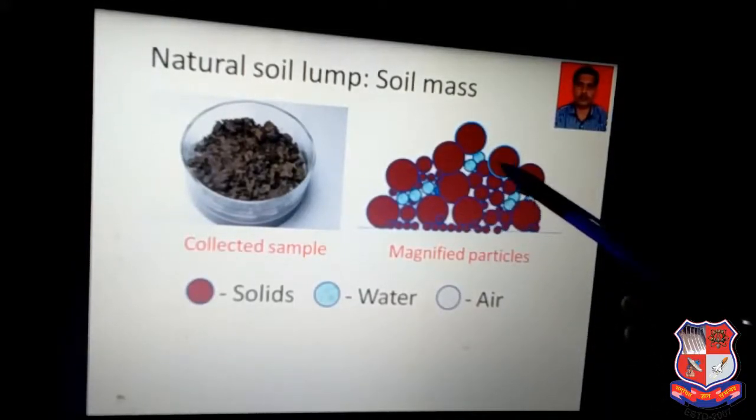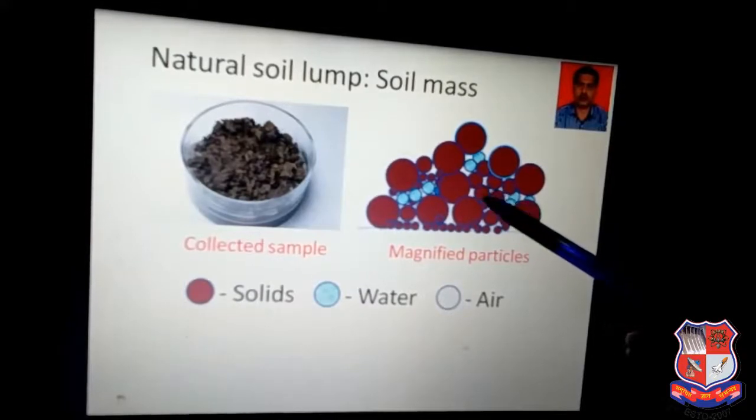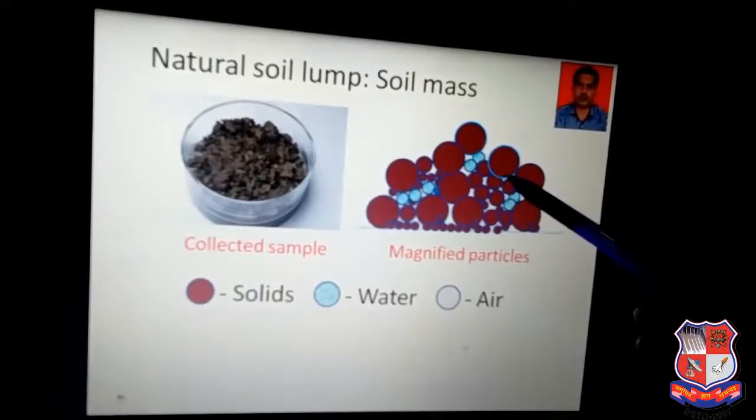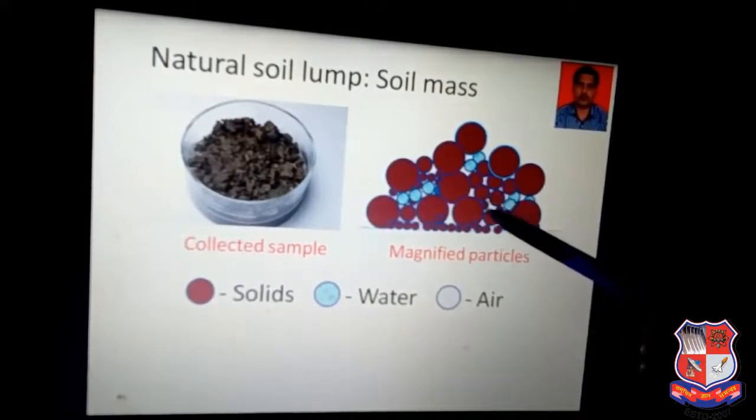You can also see the surface of the solid particles is coated with water, so the wetting nature of water is there. The soil is wet, and because of the wetting by water there is a sticky nature of the solid particles, and they remain stuck between each other and form a lump.